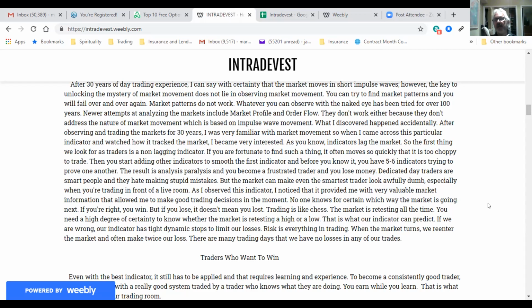In one sense, it's kind of like playing chess. It's what's the next move, because the market is anticipating the next move. There is anticipation of the market because the market moves in impulse waves. So it's always kind of going for the next move. We have to be anticipating the next move. And so our indicator helps us set up for the next move and tells us where the market's going.